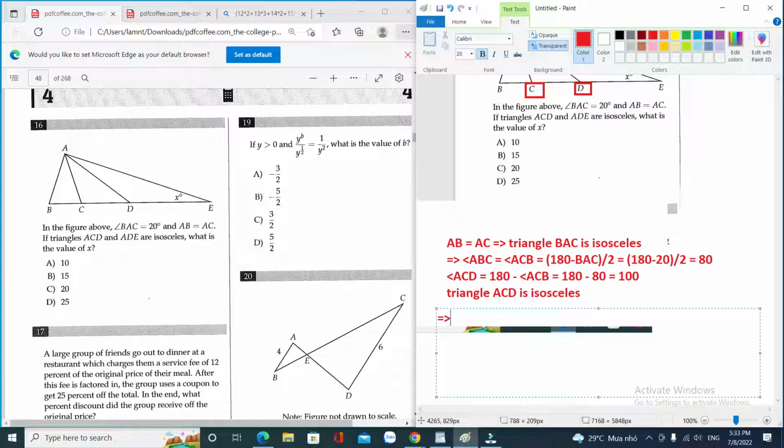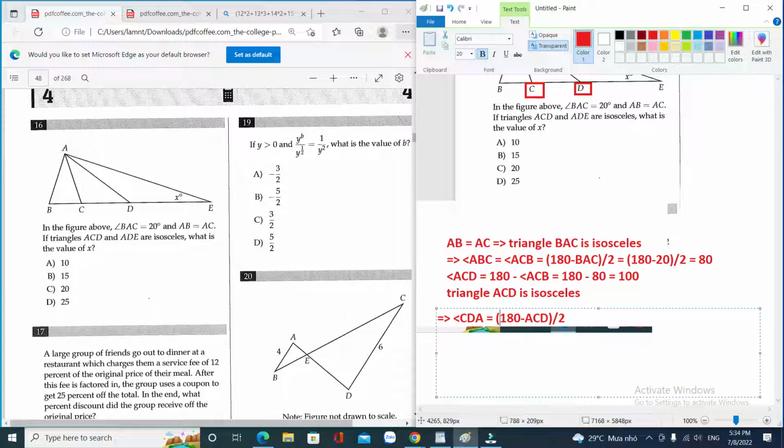Okay, here. So we have to find x, right? So we need ADE. So what we should calculate is CDA. It's gonna be equal to, well, I don't need CAD, so it's gonna be 180 minus ACD, and that's divided by 2, right?